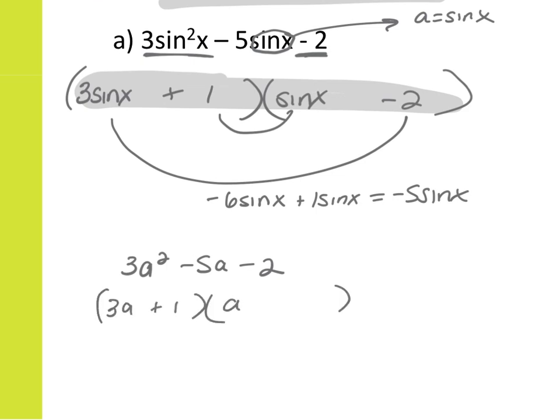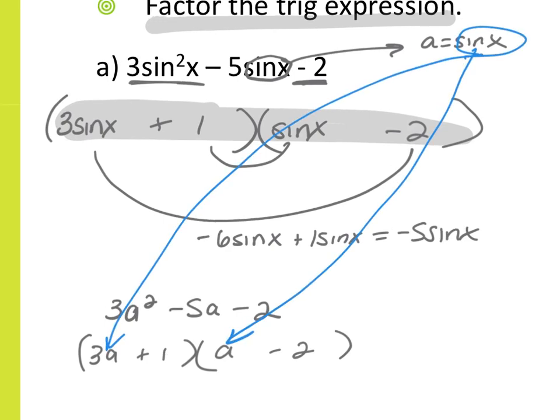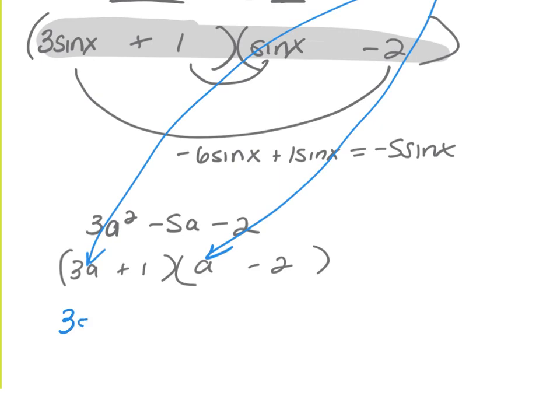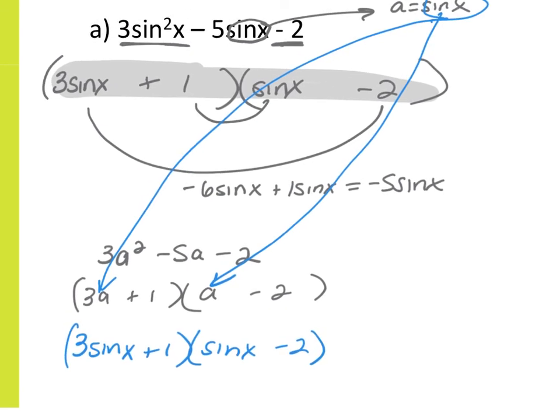I would have done the trial and error like on the other one, and I would have gotten this. Just remember at the end to take that sine and plug it back in for the a. So it's 3 sine of x plus 1 times sine of x minus 2. Either way, you end up with the same answer, but how you choose to do it is up to you. You can either do the substitution or you can keep working with the sine.